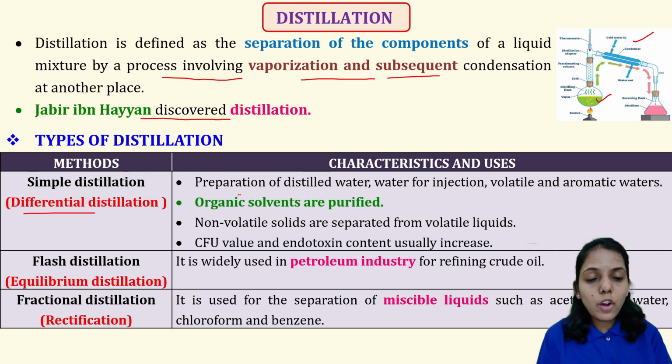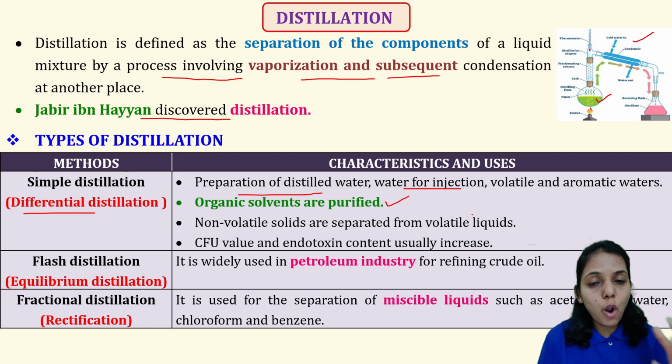The preparation of distilled water, water for injection, volatile and aromatic waters, and organic solvents: for these reasons, simple distillation is used. Organic solvents can be purified, for example ethanol. You can set the temperature at a specific value, and at that temperature the solvent will start evaporating.